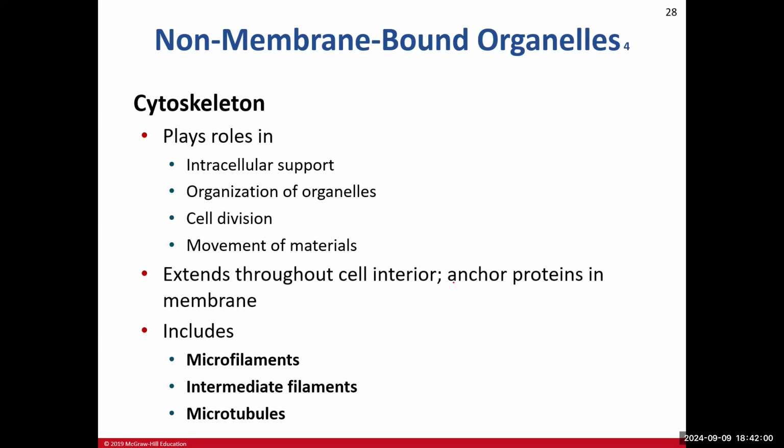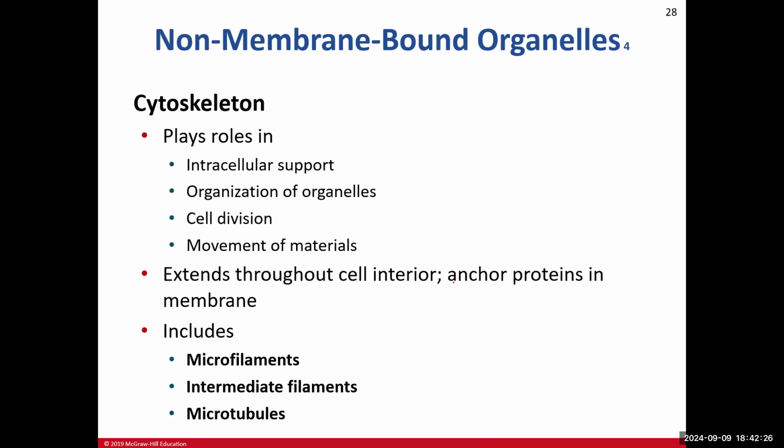Right. And so our skeletons are very helpful for a number of things that when we get to chapter 7, we'll talk about that. But our cytoskeleton is going to play a huge role in, one, structure and support of the cell. But look at all of these different things that the cytoskeleton plays a role in. Intracellular transport, all right, or movement of materials here. All right, cell division.